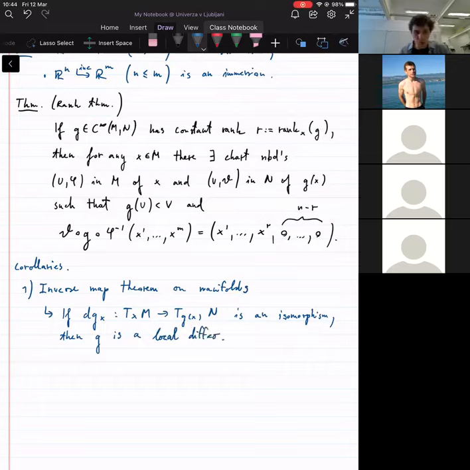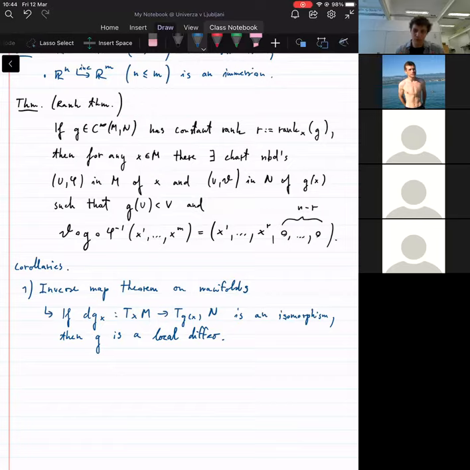Now this would follow because if it's an isomorphism at one point, dg_x must necessarily be an isomorphism on some neighborhood of x. So this matrix must necessarily be invertible around this x.